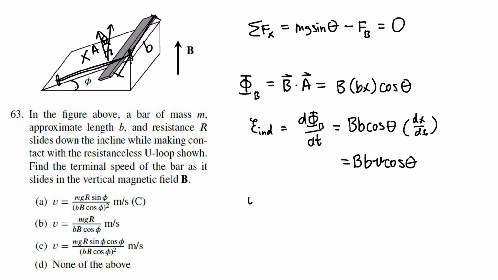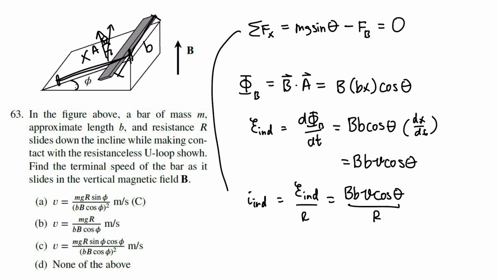Then to find the induced current, we just need to do epsilon induced, or the induced EMF, over R, so just applying Ohm's law. So then we get b v cosine theta divided by R. Then we need to plug that back into here.